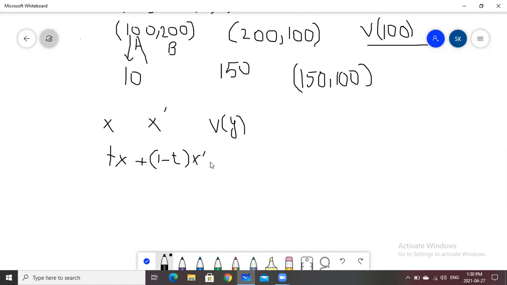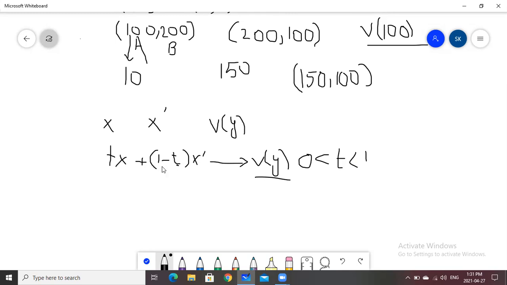Now it will lie in V(y) if and only if t is greater than 0 and t is less than 1. That is, V(y) is a convex set. This production set will be a convex set if the value of t is greater than 0 and less than 1, so that 1 minus t is also a positive number.